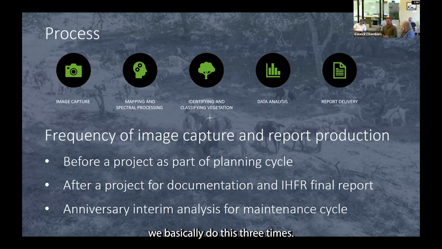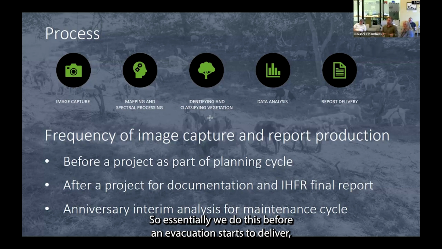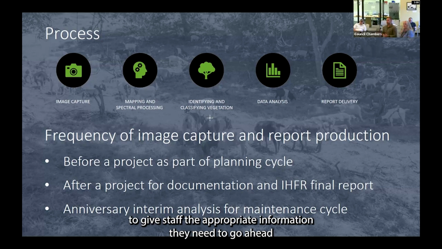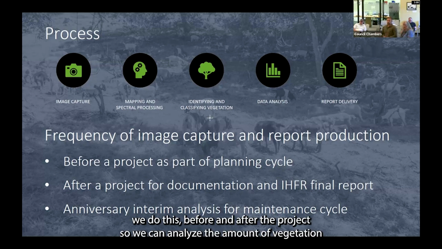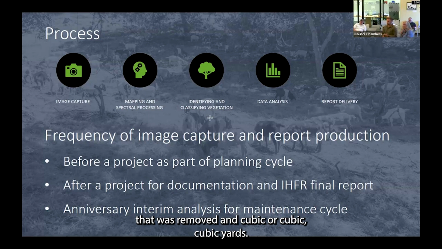We basically do this 3 times. So essentially we do this before an evacuation starts to deliver a route profile and analytics around an evacuation route to give staff the appropriate information they need to make the decisions for that particular route. We do this before and after the project, so we can analyze the amount of vegetation that was removed in cubic yards, so volume and acreage.